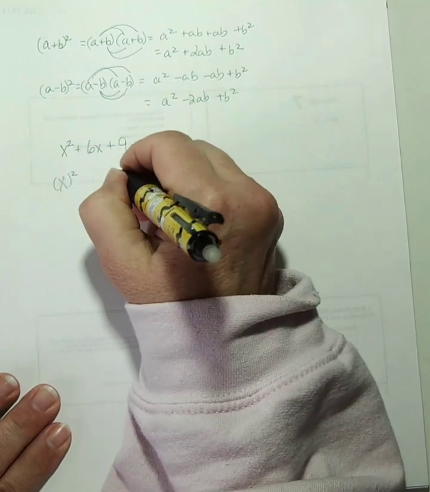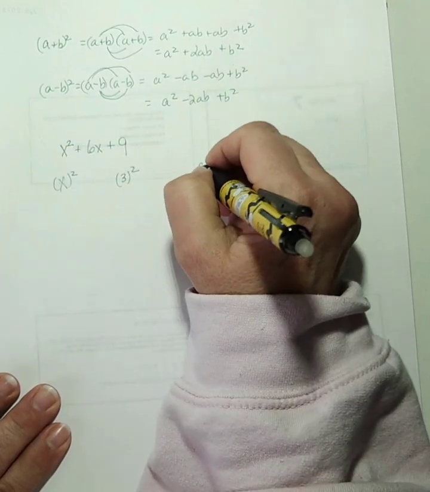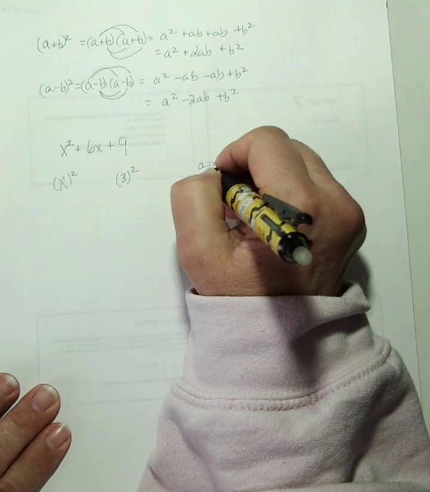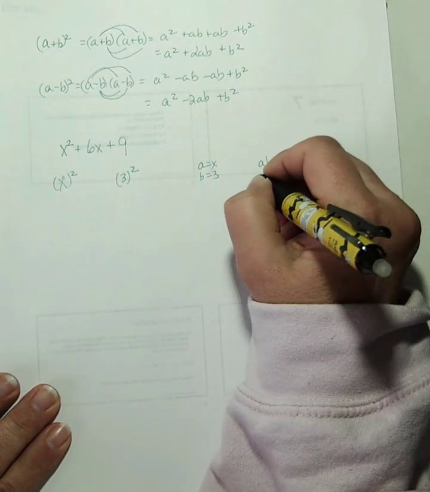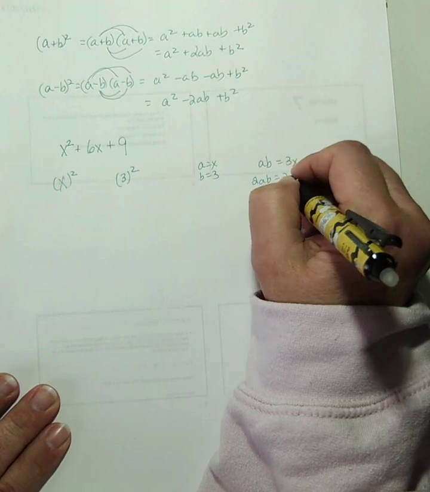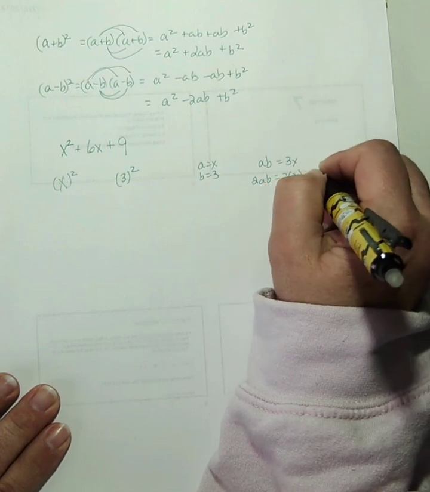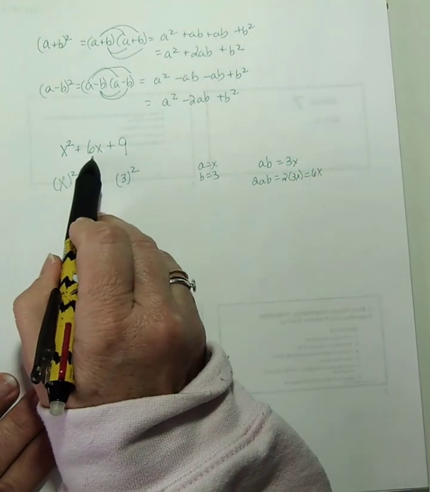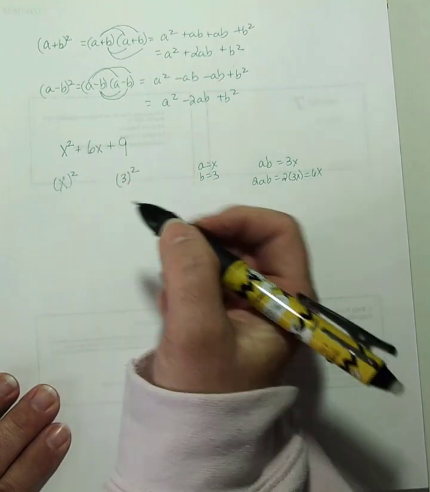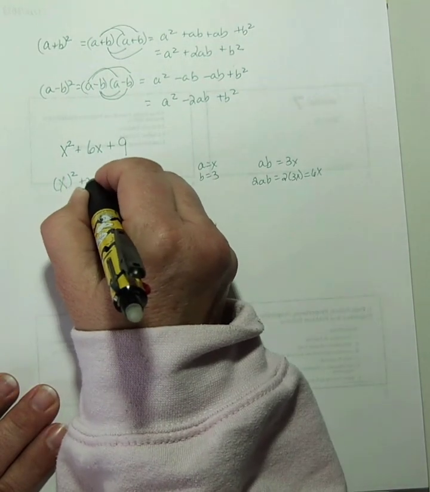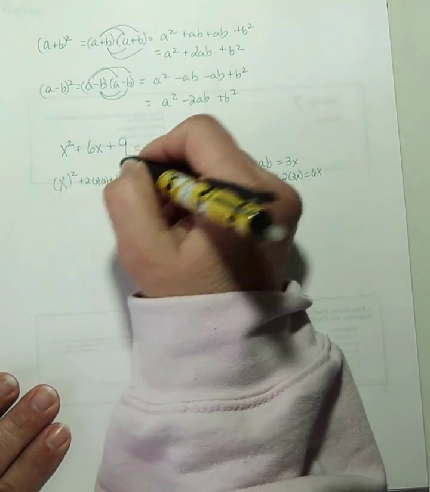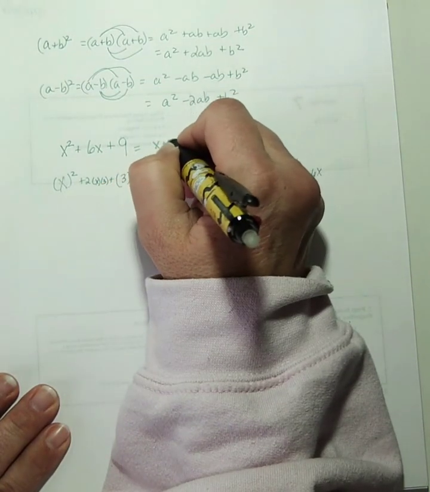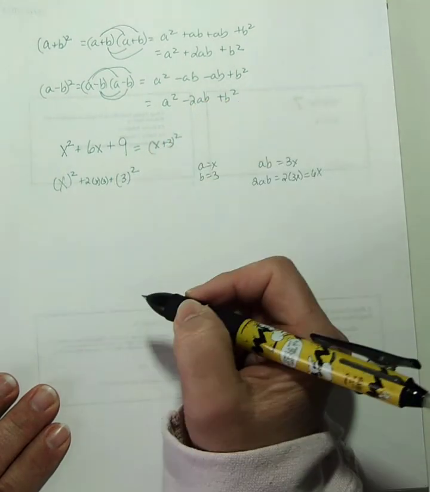And this is 3 being squared. So my a is x, my b is 3. I look at a times b, that would be 3x. So 2ab would be 2 times 3x, which is 6x. And that's exactly what that middle term is. So therefore, this is a perfect square. It's x plus 3 being squared.